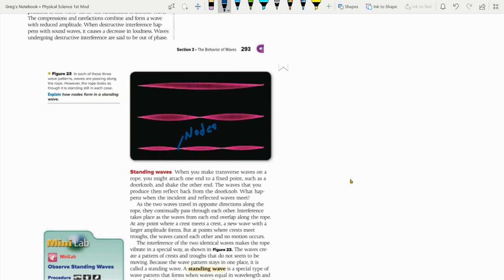The 8 waves on a string, that's where the octave comes from. There's 8 C notes on a piano, 8 G notes, 8 whatever. It's because you can get 8 waves on a string. So these are nodes, and these, where it's spread out, are called antinodes.